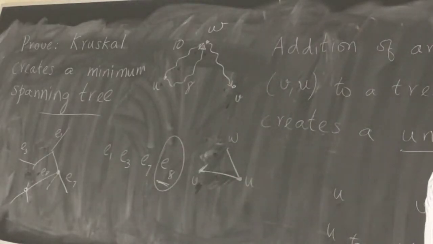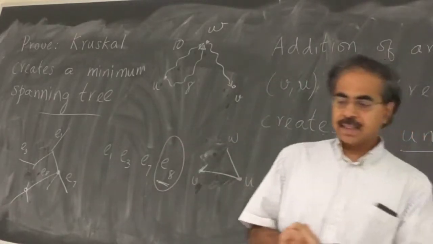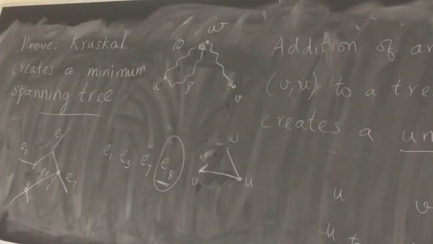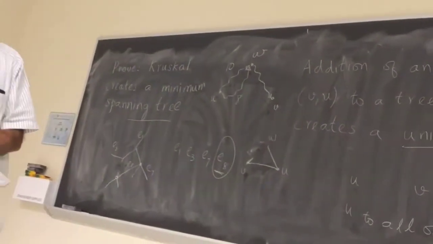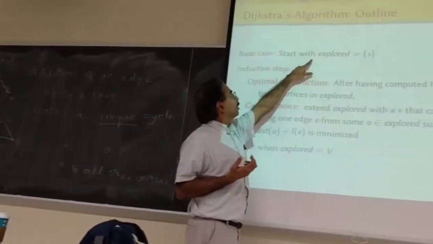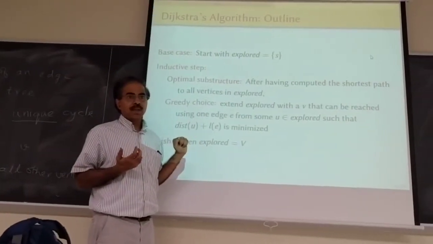The greedy choice we are going to make is that instead of globally searching and finding the next vertex with the shortest distance, we are going to greedily explore just the neighborhood of this explored set.